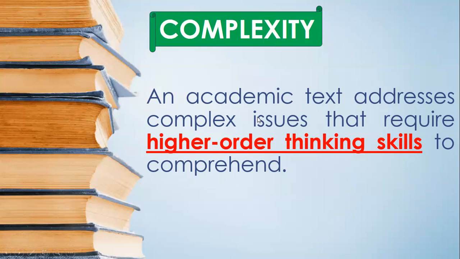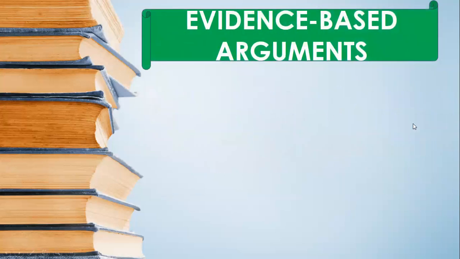As an academic writer, that is one of the basic skills that you have to have. Aside from imparting information, you also have to teach and train your readers to use their higher order thinking skills. So that is complexity.